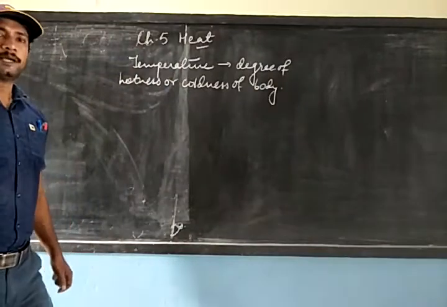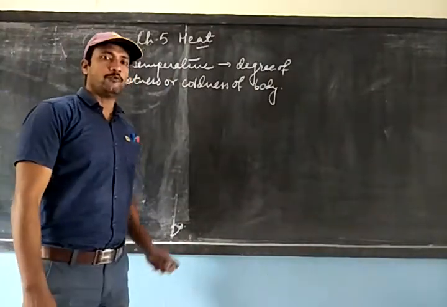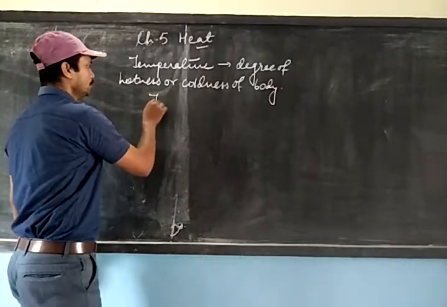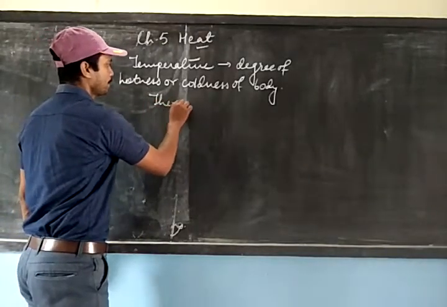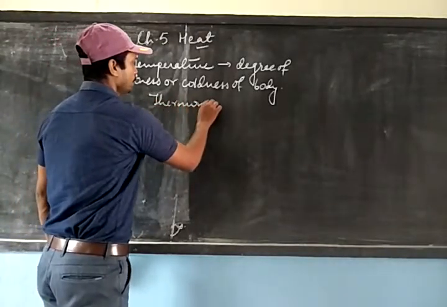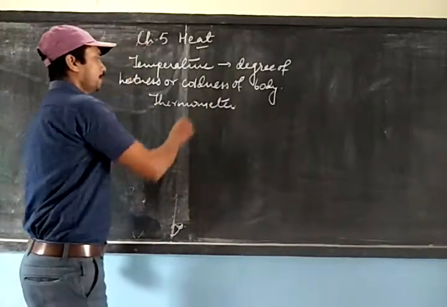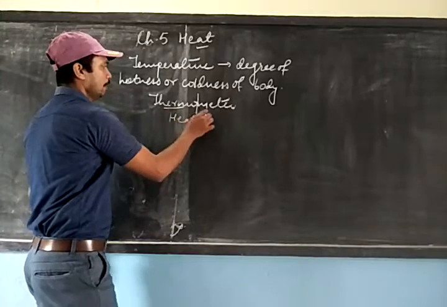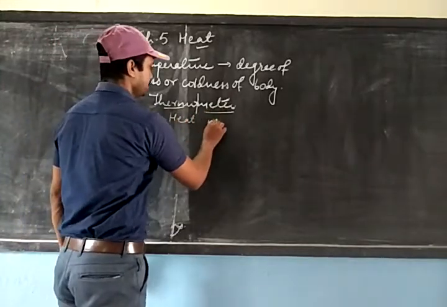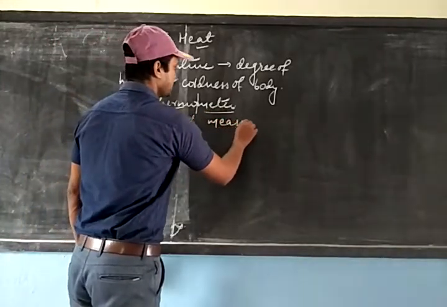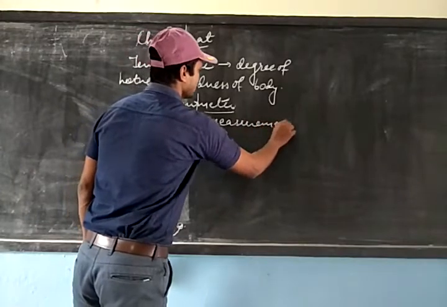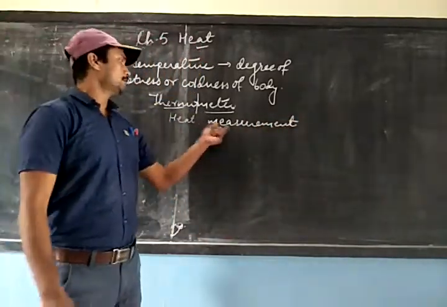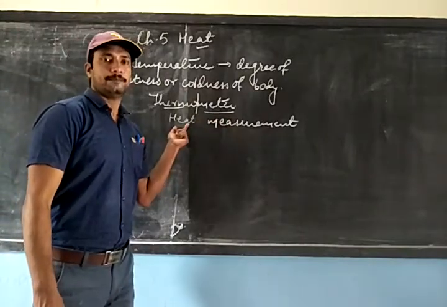But to measure the temperature of a body, as you know, we require an instrument, and this instrument is called a thermometer, where thermo means heat and meter is measurement. So you can see this is the instrument which measures the heat of water.